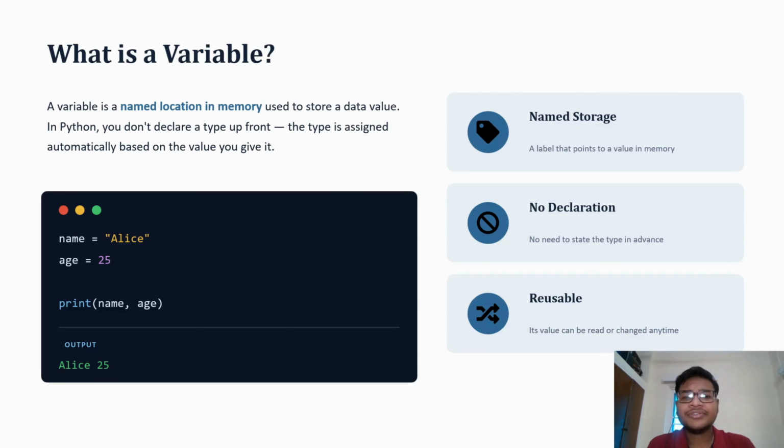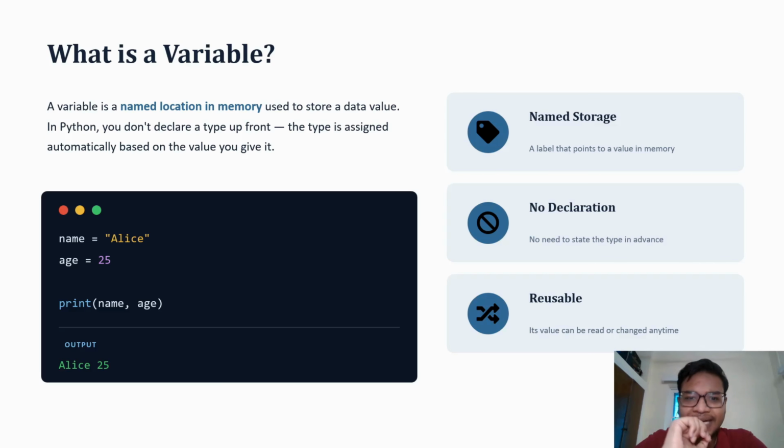Okay, so what is a variable? A variable is a named location in memory. Just assume a variable is like a container. You put some value inside the container, and it stores that value, that's the data value. In Python, you don't declare a type upfront.